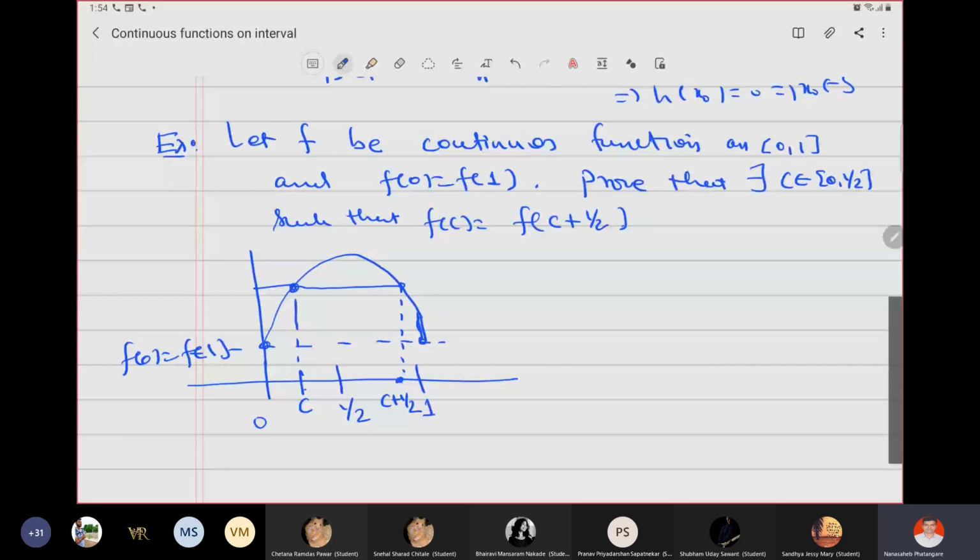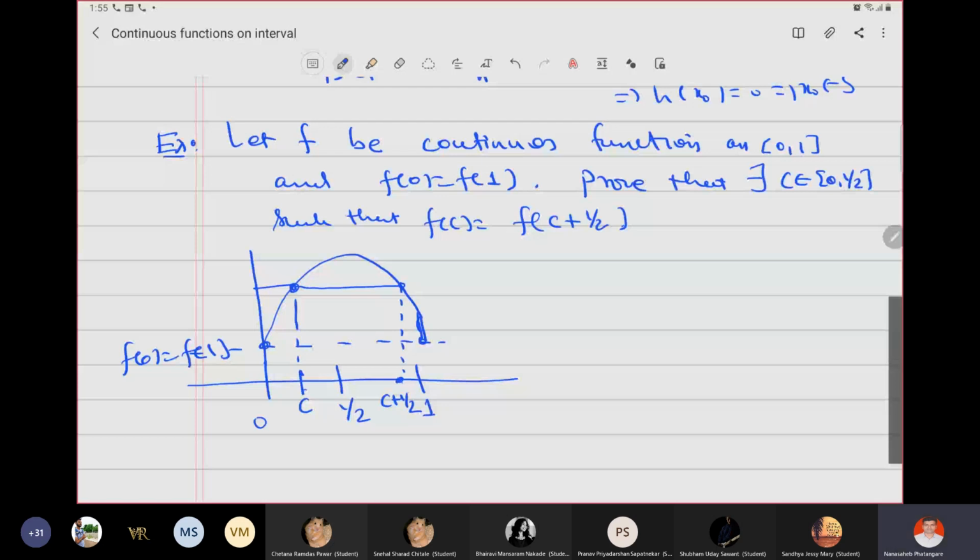So at any time, antipodal points on the surface of Earth's equator have the same temperature. If you move along the equator of Earth, there are two antipodal points at which the temperature is the same.